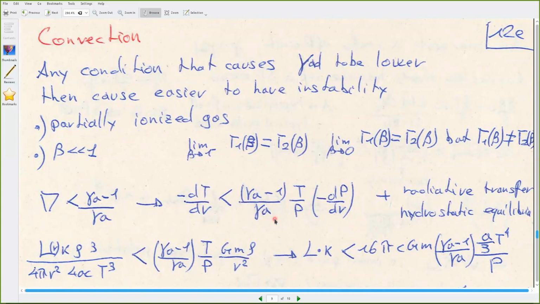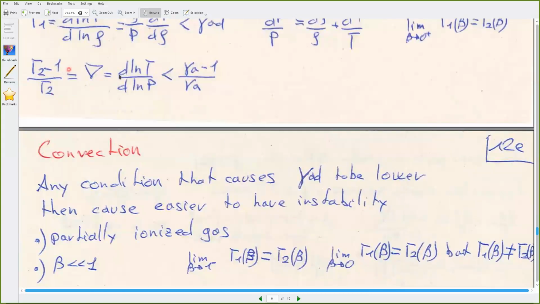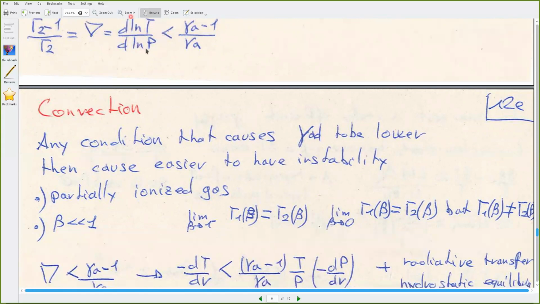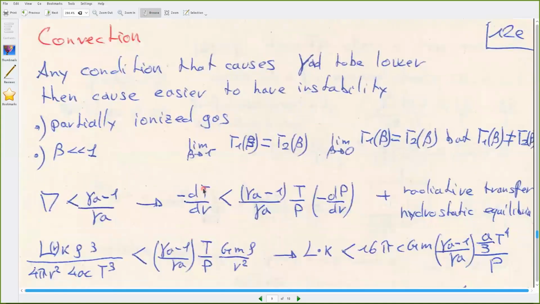Then we can split the two, putting in the r and the r, so we have the radial gradient of the temperature and the pressure, with the minus to maintain everything positive. So we have this value that is going to be less than that value.